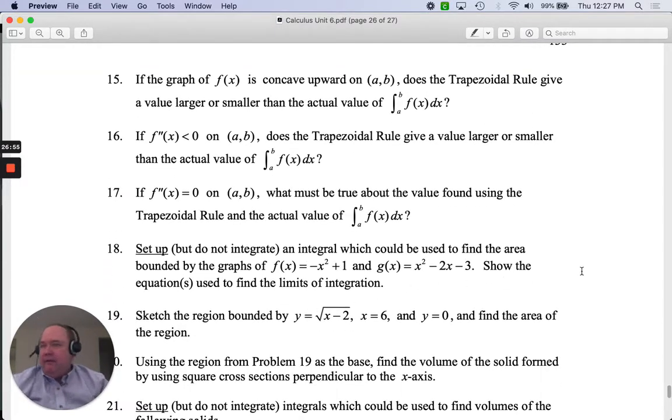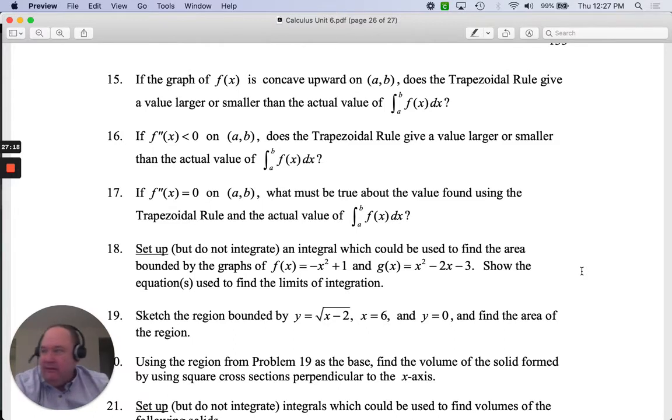If the graph of f of x, so a totally different question. If the graph of f of x is concave up from A to B, I'm going to just draw that. A to B is concave up. Does the trapezoidal rule give a value larger or smaller than the actual value?